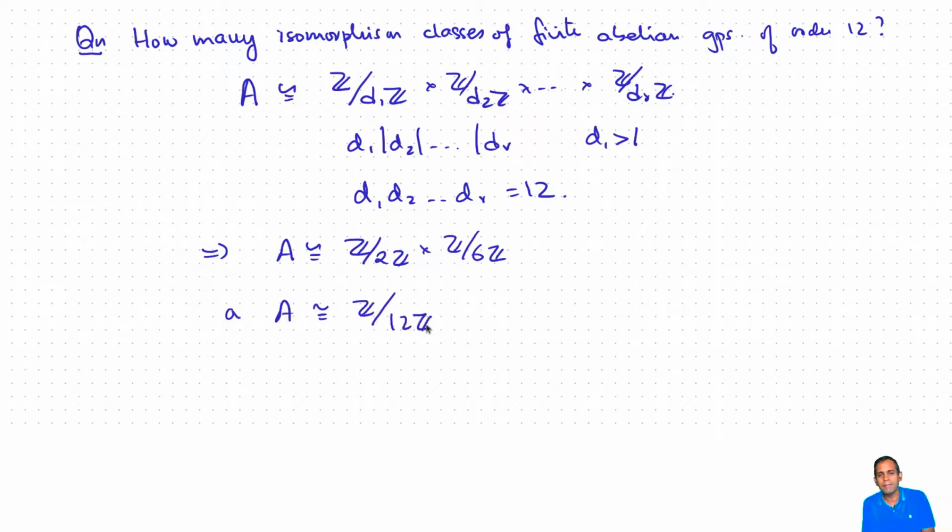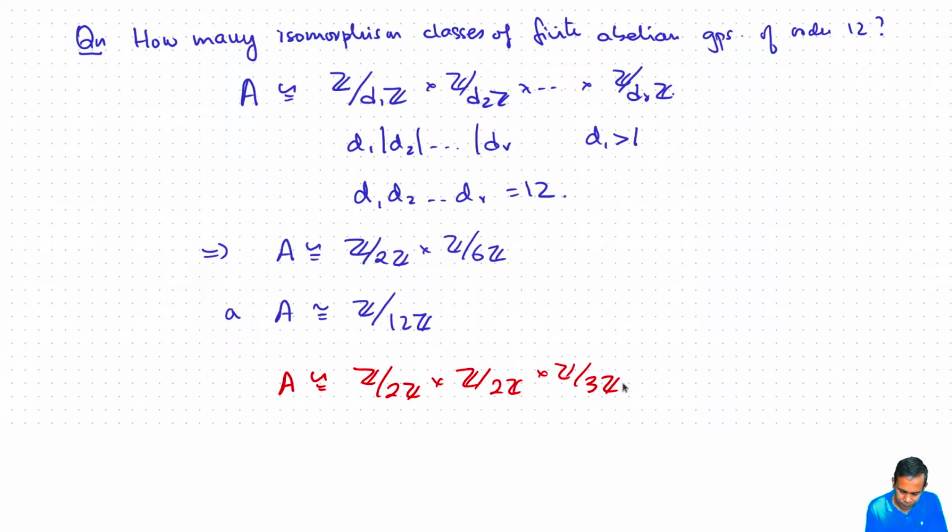Now, it's tempting to put in a third option. How about A is isomorphic to Z mod 2Z cross Z mod 2Z cross Z mod 3Z? Well, this is not a valid option under this rule because it does not satisfy this condition. d2 does not divide d3.